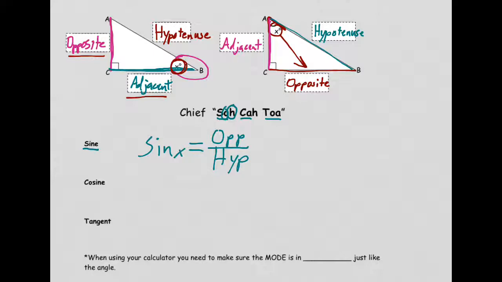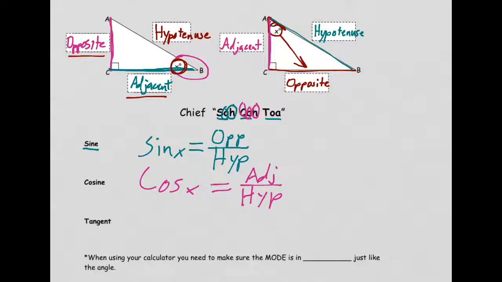Go ahead and write this down, and then as we work one of these problems, you'll see how we can use this. We have our CA, our C, so that's our cosine. Cosine of x equals, and then A, that's adjacent, over our H, which is hypotenuse.